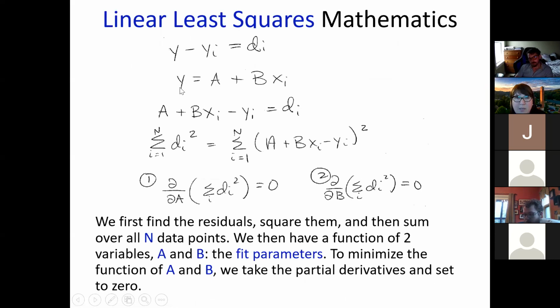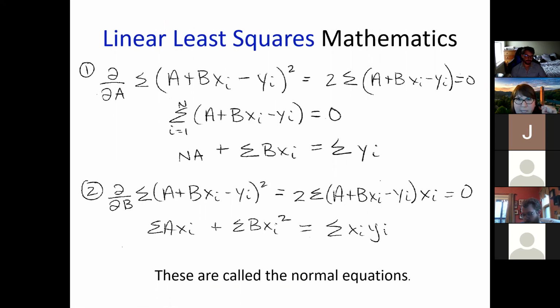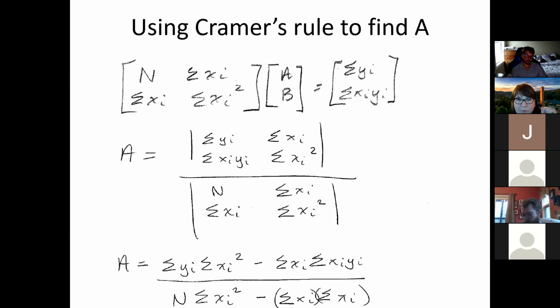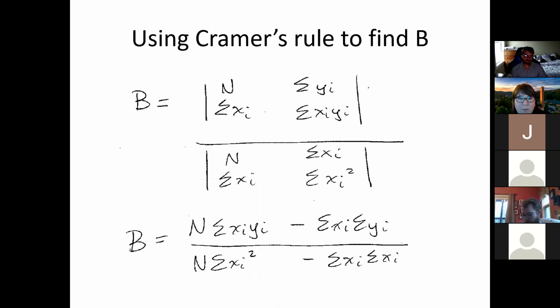They were the slope and y-intercept of our fit line for our one-dimensional polynomial. We applied these linear algebra techniques and were able to create an equation to solve for A and B to find those fit parameters.